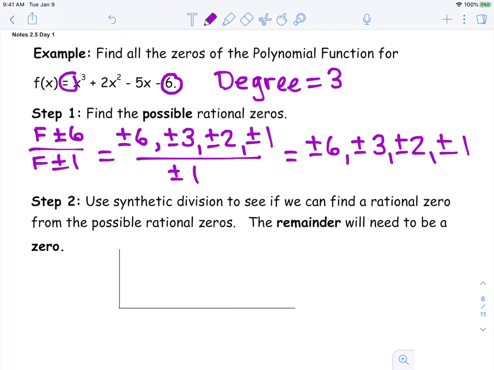So now we have to trial and error and test. So we're going to test one of the zeros, and it's trial and error. My suggestion is to start small. So I'm going to start with x equaling 1, and I'm going to do my synthetic division.